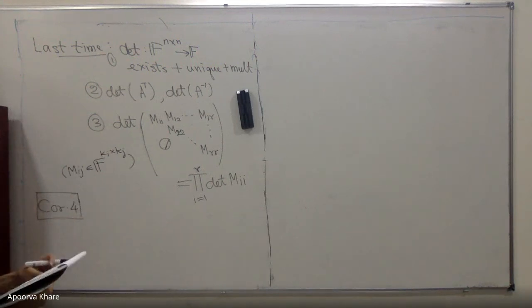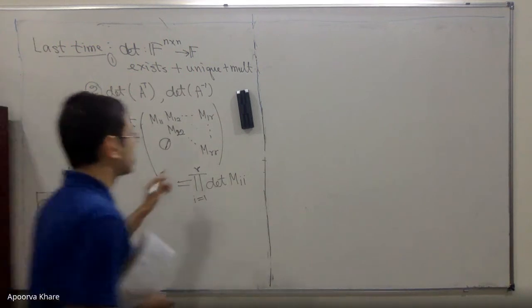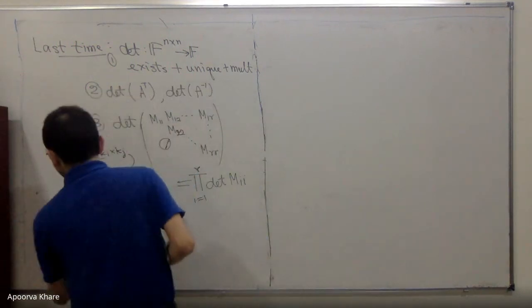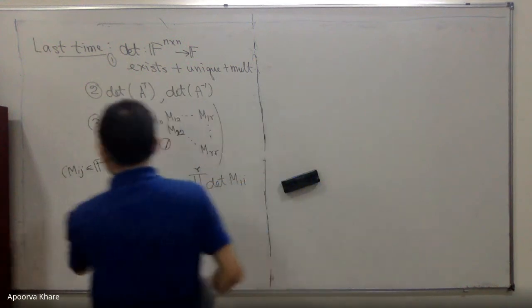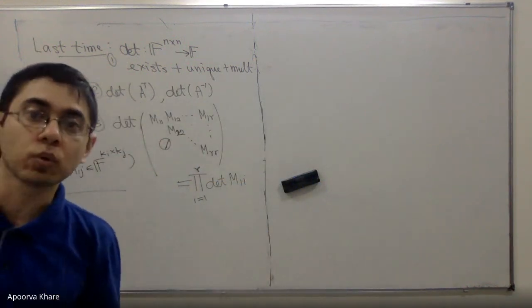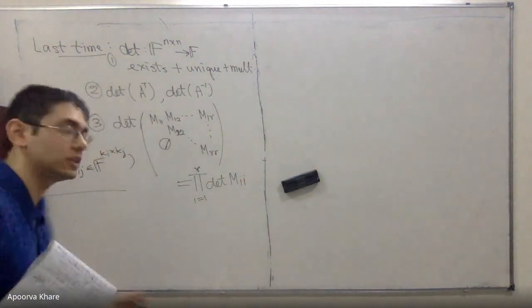So maybe I should remind you, we also know what the determinant was. The determinant is equal to that expansion along the column, right?